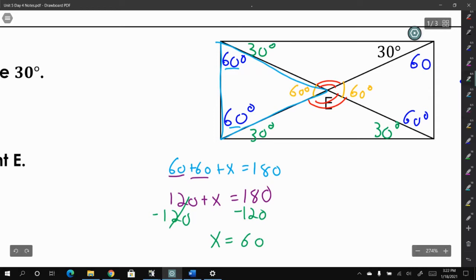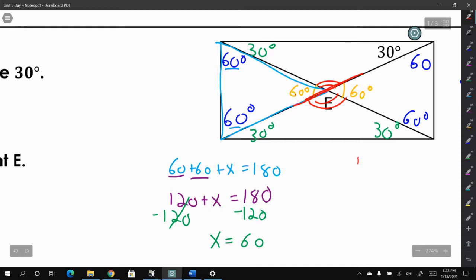Well, we can then figure out what one of the red angles is going to be by one of two ways. You could say, well, this is a straight line right here, so I can do 180 minus 60. You could also look at one of these triangles and do 30 plus 30 plus x equals 180. Either way is okay.